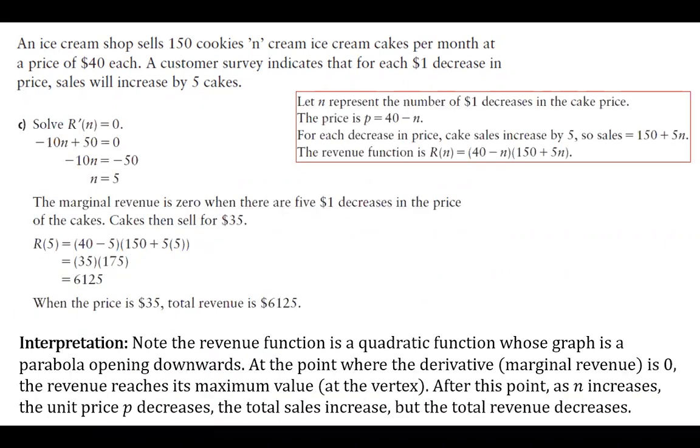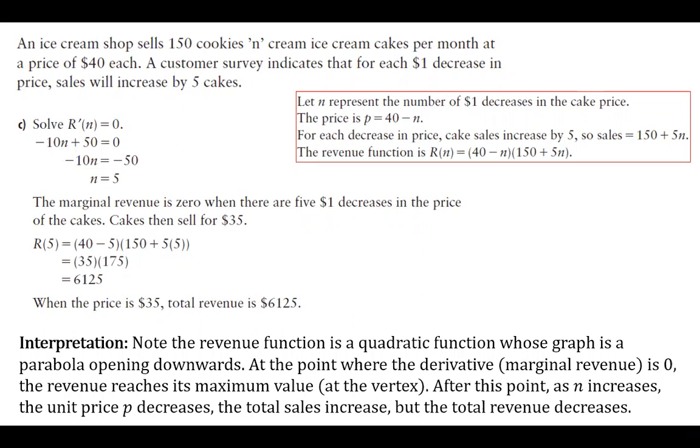Then we can solve R prime of n equals 0. Solving this equation gives us n equals 5. That means the marginal revenue is 0 when there are 5 $1 decreases in the price of the cakes. Cakes then sell for $35, right?